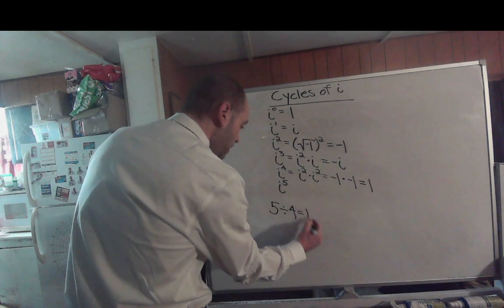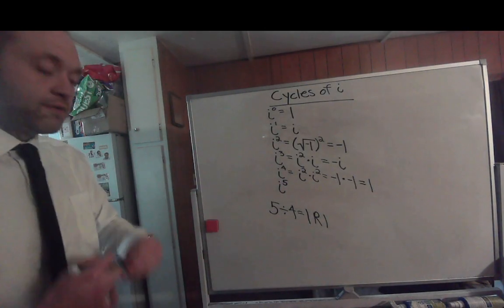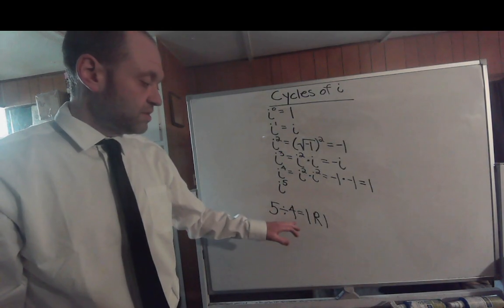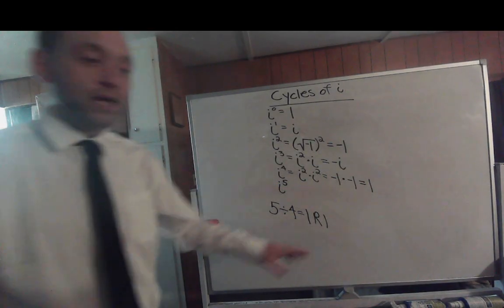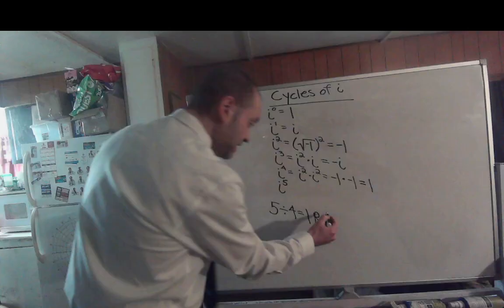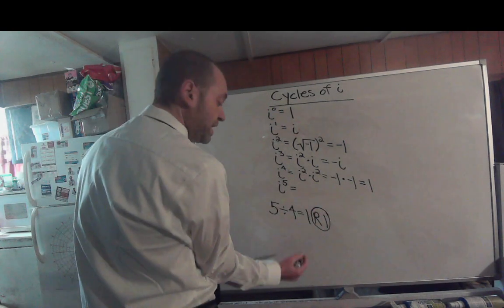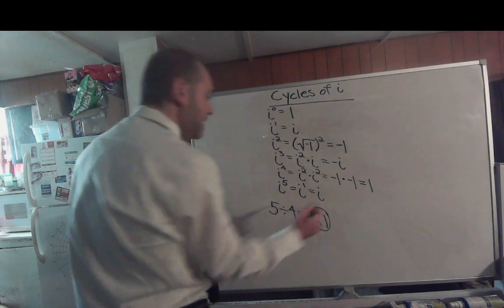You would get 1 with a remainder of 1, right? You would end up getting 1 and 1/4. We know that 4 goes into 5 one time, but you have a remainder of 1. This remainder of 1, you treat like an i to the first, which would just give you i.